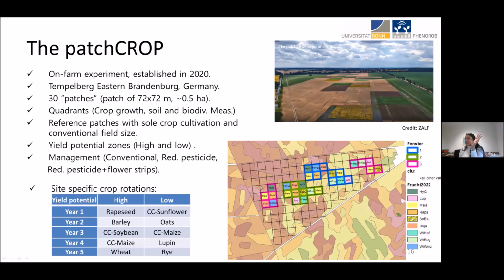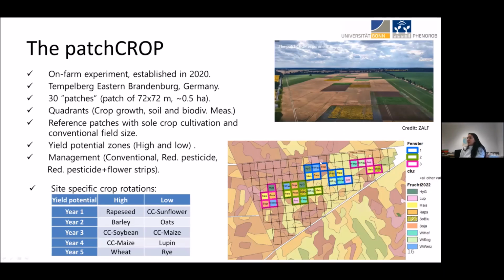So it will be this one here, the first one on the left, then the first 5 sets of crops in this cluster here, and then these 5 sets of crops in this part. They belong to the high yield crop rotation, and the rest belong to the low yield crop rotation.